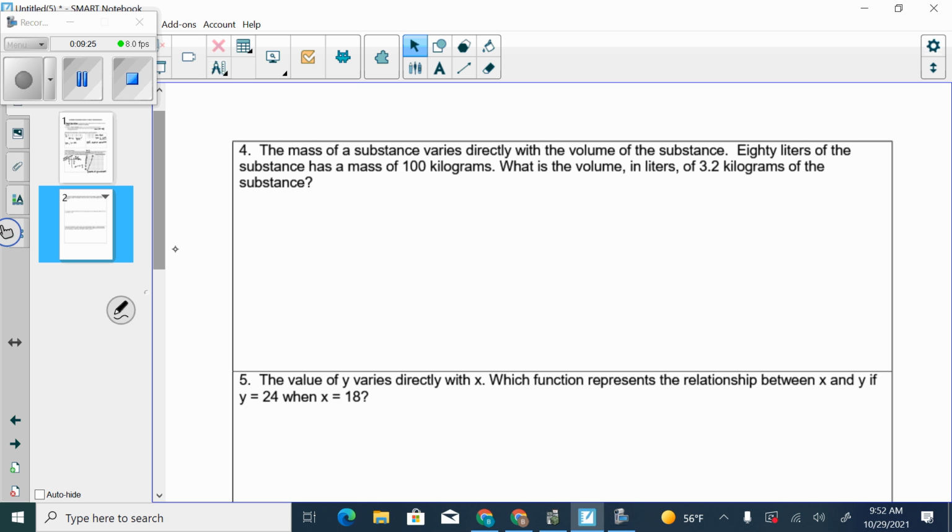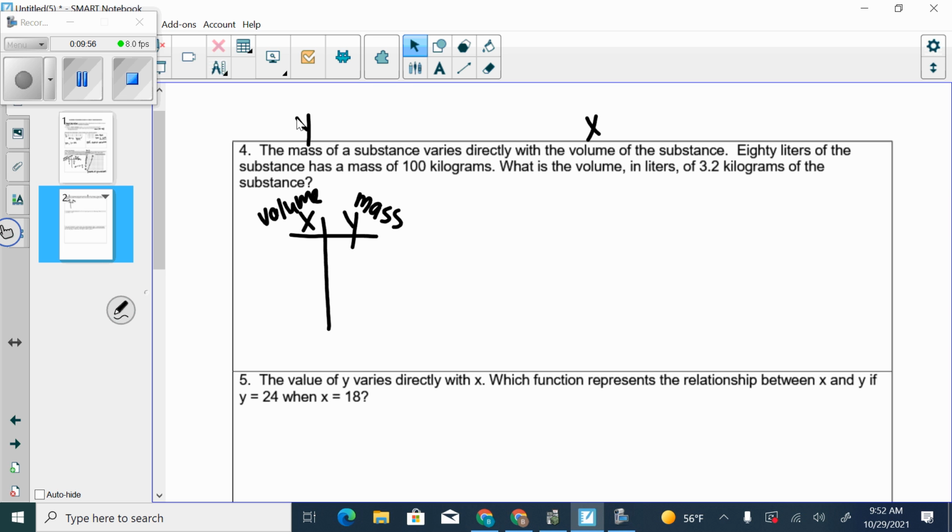Okay, so it's going to depend on how much we have of something as to what its mass is, which makes the mass dependent on the volume. We know that our independent is always our x, and our dependent is always our y. So if I was to make a table of values here, x is representing the volume, or how much we have, and then the mass is the mass of however much we did have.